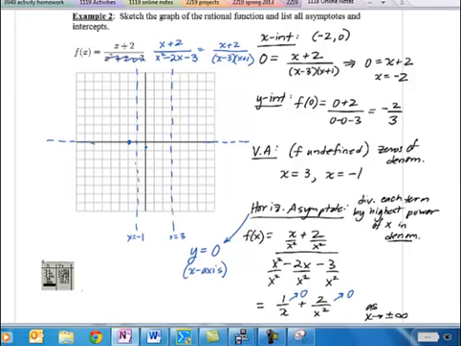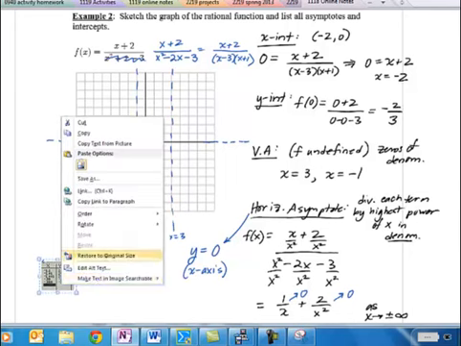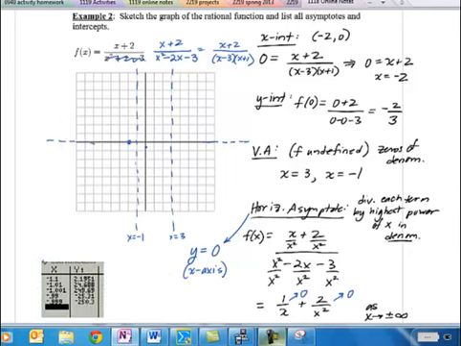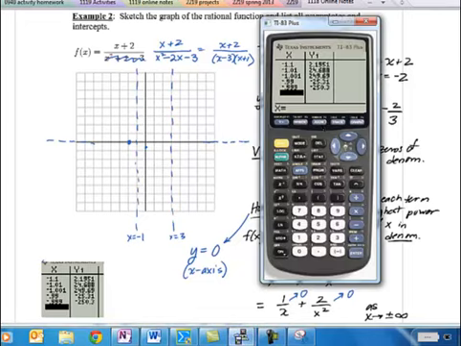We'll use this in a second for our graph. Oops. And let's do the same thing close to 3. So if I do this table close to 3, let's get rid of these values.